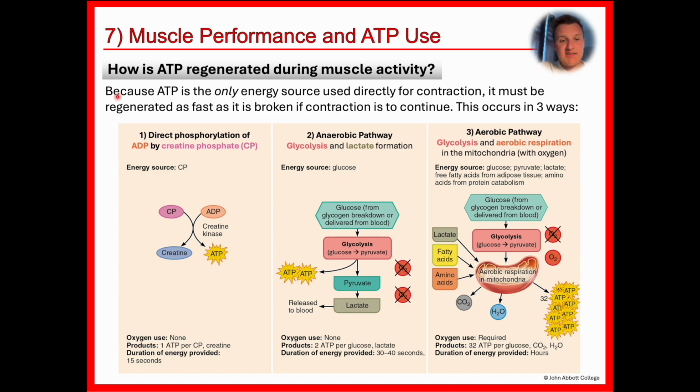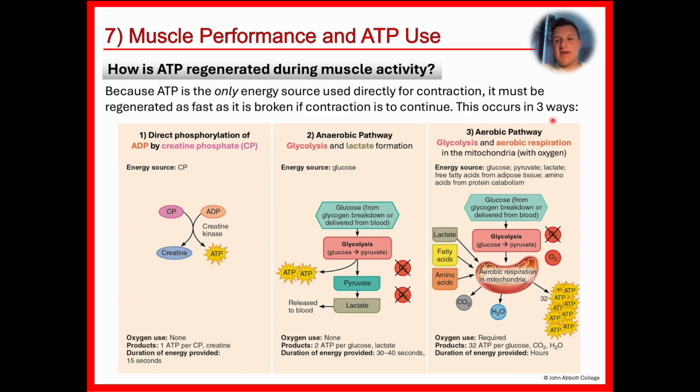Because ATP is the only energy source used directly for contractions, it must be regenerated as fast as it's broken if contraction continues, right? It's not like other molecules are being used for the muscle contractions. ATP is the one, right?